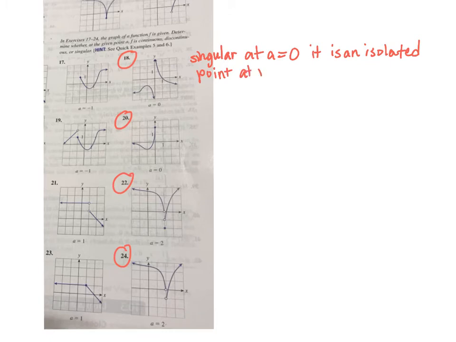Because our function is not defined and that's an isolated point, we say that our function is singular at a equals 0. So for 18, it is singular at a equals 0 because it is an isolated point at which f is not defined.